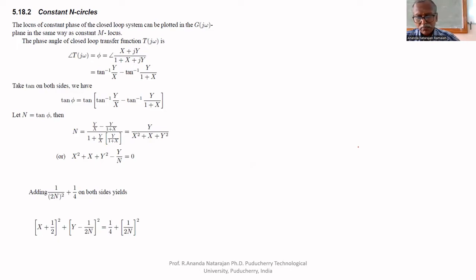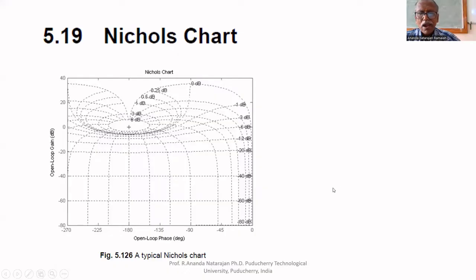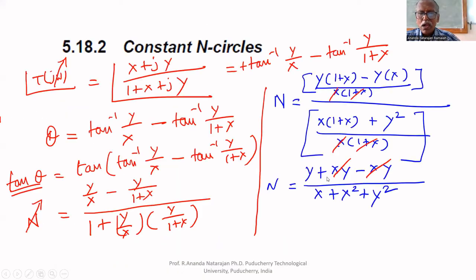So bring this n to the right hand side, and this to the left hand side. What you will get is x plus x square plus y square equal to y by n. Here x square plus y square is there.